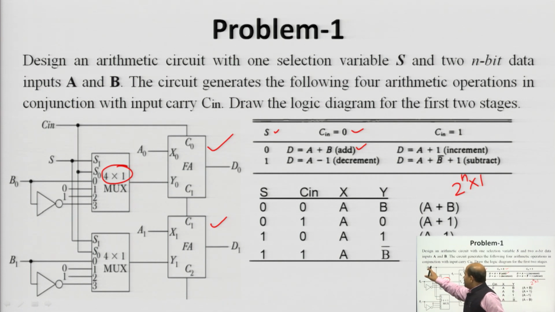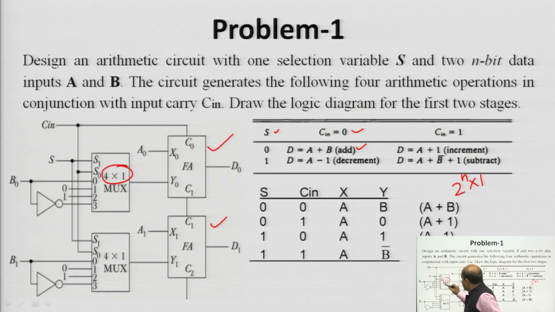So, that is why C in and S will be given as selection inputs S 1 and S naught to each multiplexer. You can see the connection of C in and S to these two multiplexers, and the value of the A register or the A operand will be passed as it is. A naught and A 1 are passed as they are to the full adder.